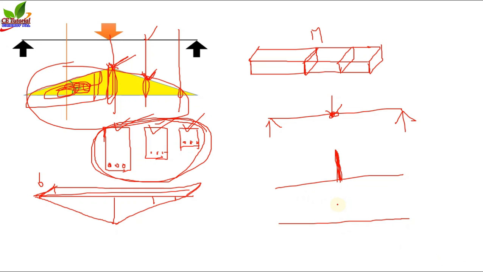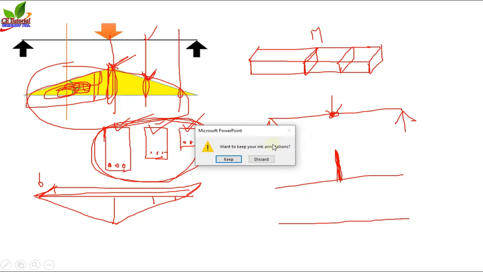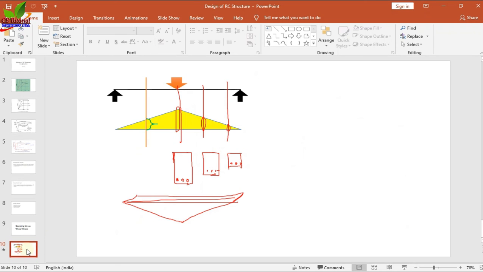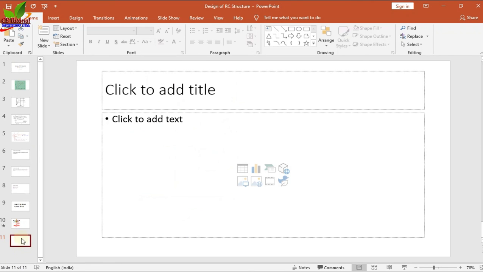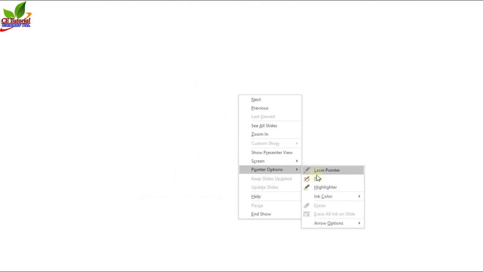Suppose, let me create a new page. Suppose this is a beam and this is the support.